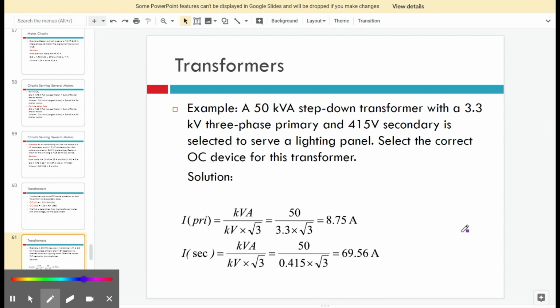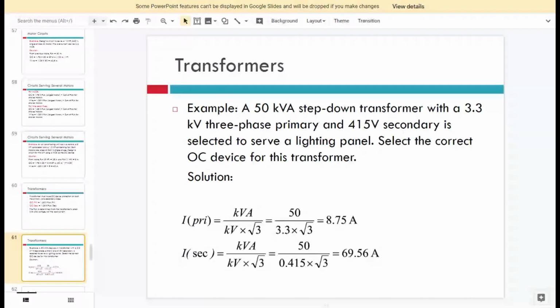Basically, for the electrical design for the transformer, we have here the supply, and then we have the MCB here, then we have the primary, the secondary, and we have back the MCB, and then go to the load.